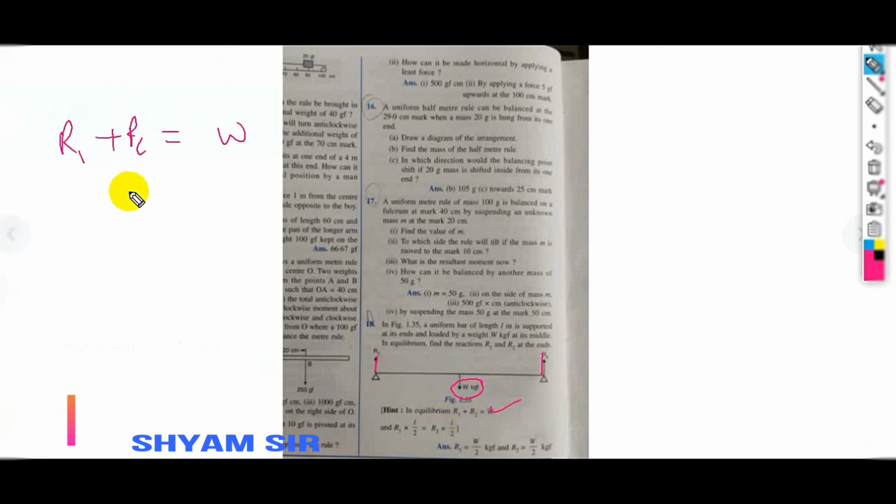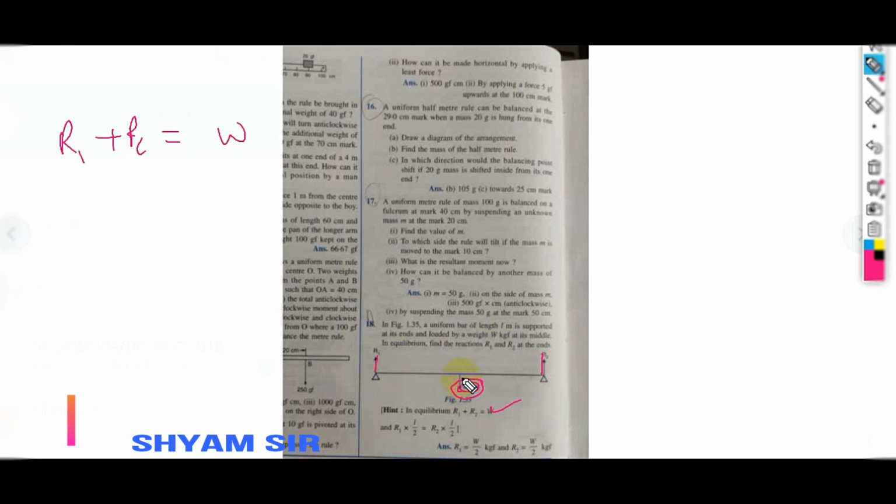It is in the middle, so the weight of the whole scale will act at the middle. So obviously R1 is equal to R2. What this W signifies is that the weight of the whole scale is acting at the equilibrium point.